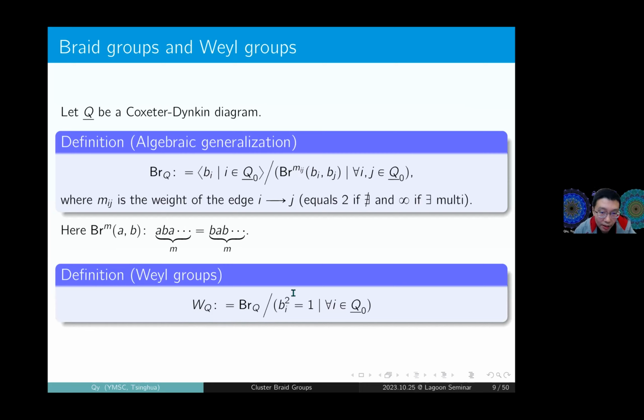This group is much easier because, for example, by the Coxeter-Dynkin diagram classification, the corresponding Weyl group is a finite group. However, even in the A_2 case, the braid group is not finite. So the braid group is, I think, much harder than the Weyl group, but they share many similar properties.